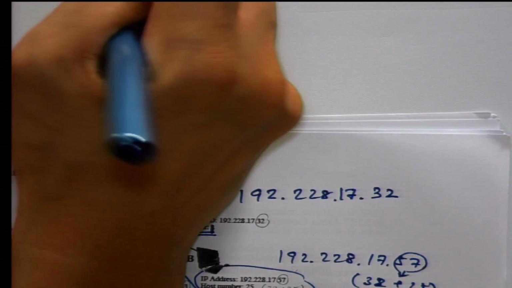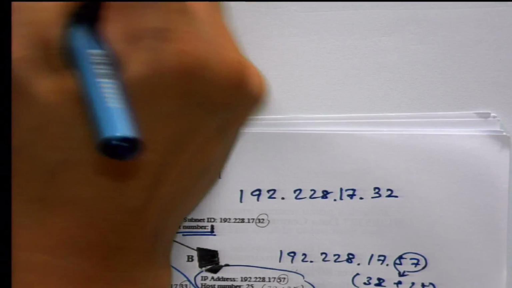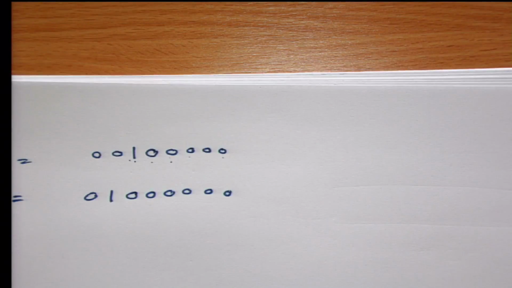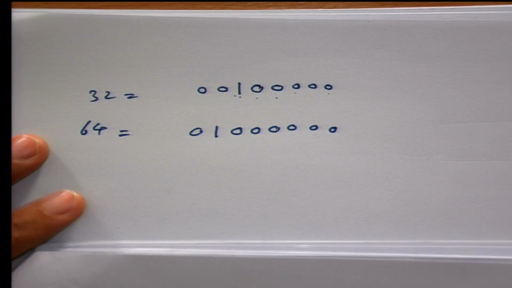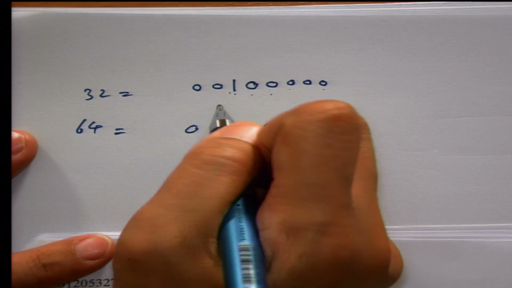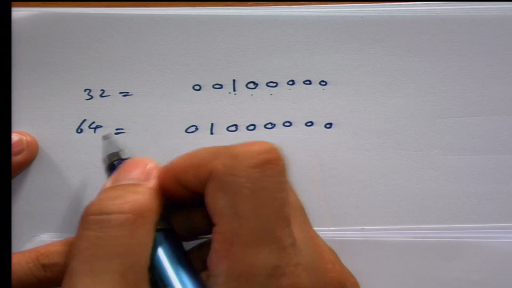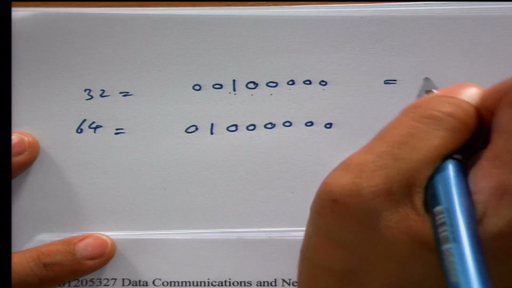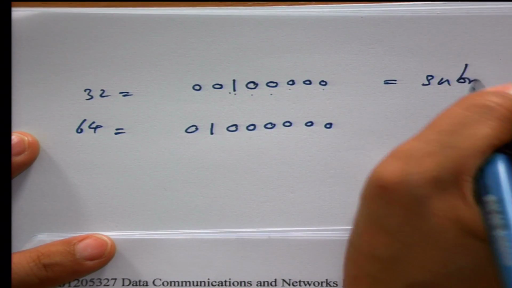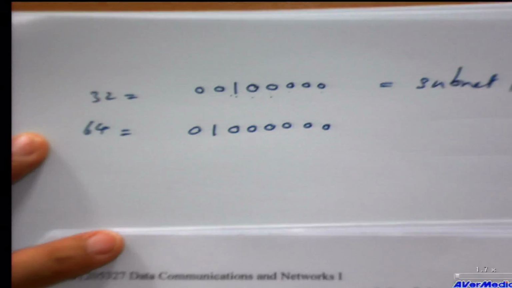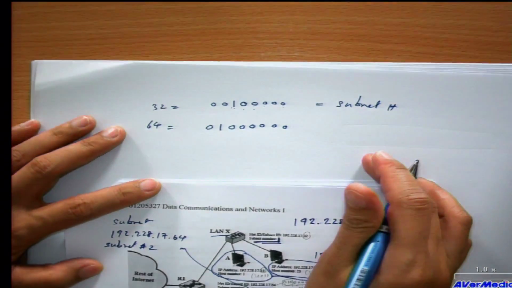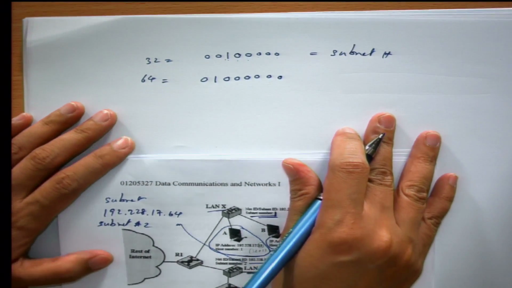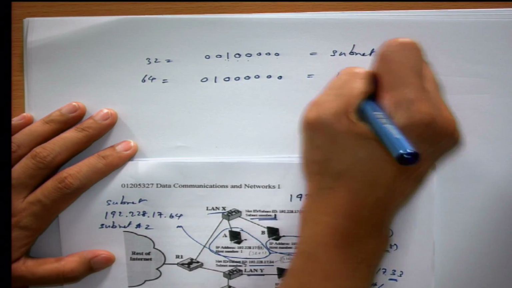64 is this one. And so 32 is 0, 0, 1 and all zeros. 64 is 0, 1 and then all zeros. So 32 equals subnet number 1 and this one equals subnet number 2.